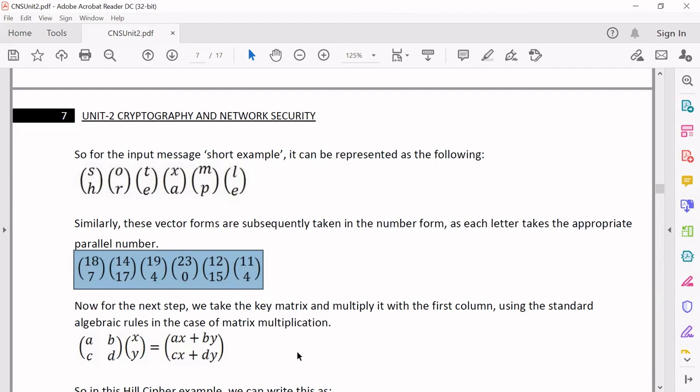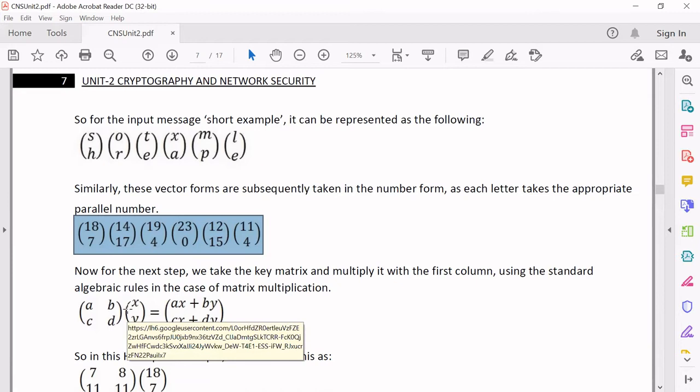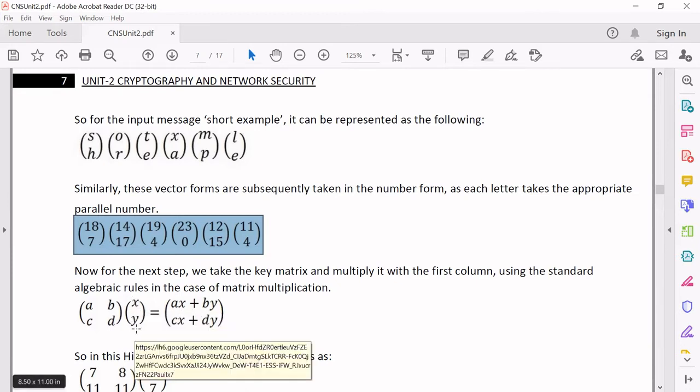As you all know, the basic rule of matrix multiplication, the row-wise and the column-wise concept. So here we have to use the same concept. In this case, you have A, B, C, D. This is the key and this is the first pair which we have taken of the plain text.